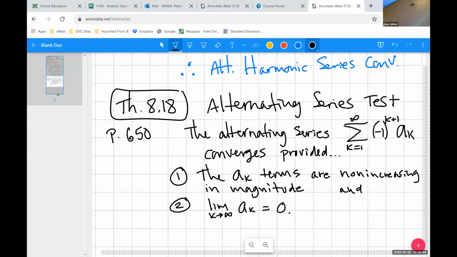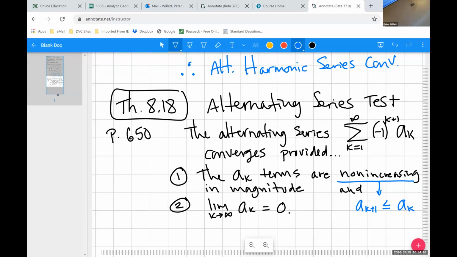Okay, so do we remember what non-increasing means? Let's maybe remind ourselves of that, because maybe that was forgotten a couple sections ago. So the a sub k's are non-increasing, which means that a sub k plus 1 is less than or equal to a sub k. So that means that they don't oscillate in size.